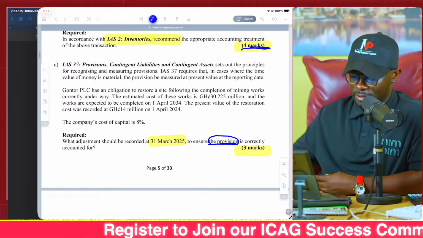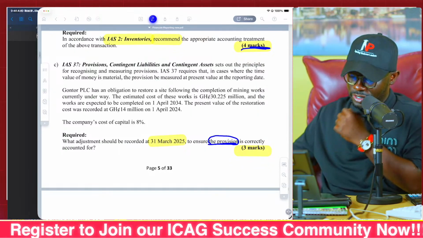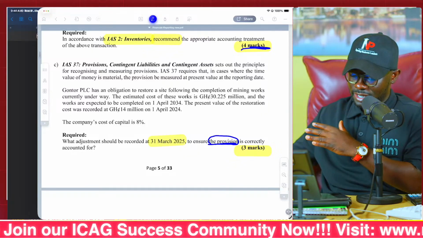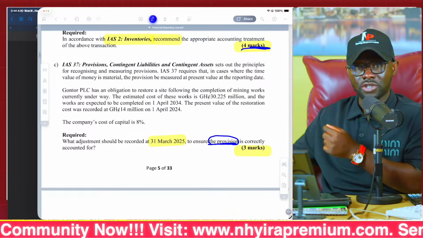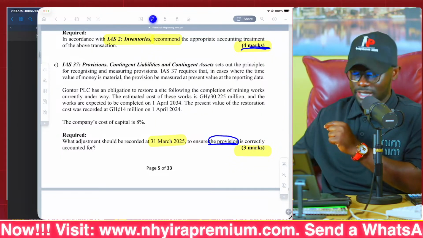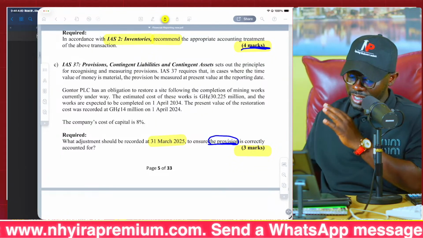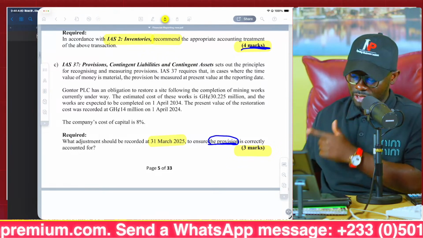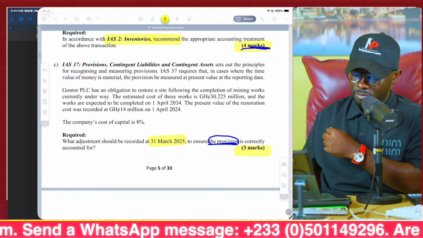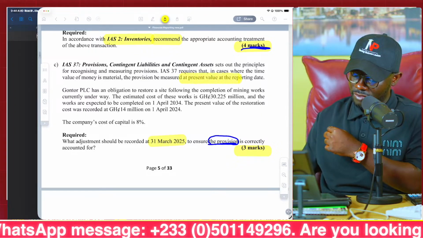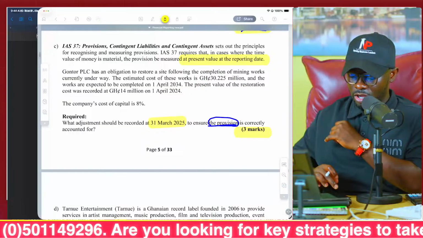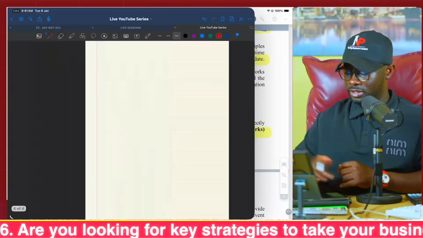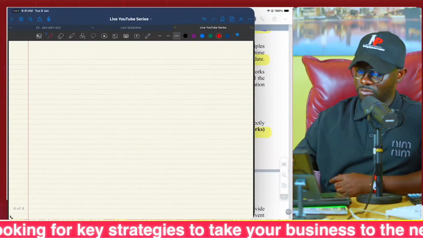IAS 37, Provisions, Contingent Liabilities and Contingent Assets, sets out the principles for recognizing and measuring provisions. IAS 37 requires that in cases where the time value of money is material, the provision be measured at present value at the reporting date. So let's go to Gontor PLC.